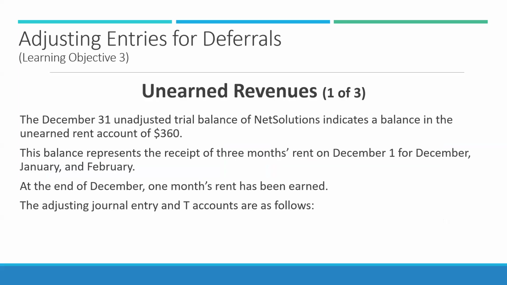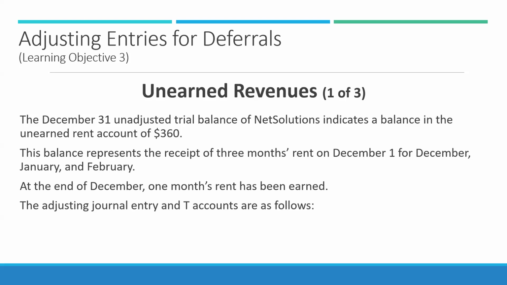The December 31st unadjusted trial balance of Net Solutions indicates a balance in the unearned revenue account of $360. That unearned revenue account means that's money we have not yet earned. The balance represents the receipt of 3 months of rent on December 1st for December, January, and February.